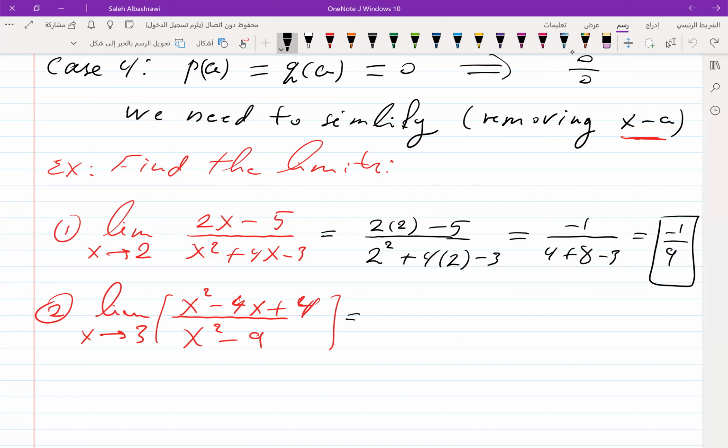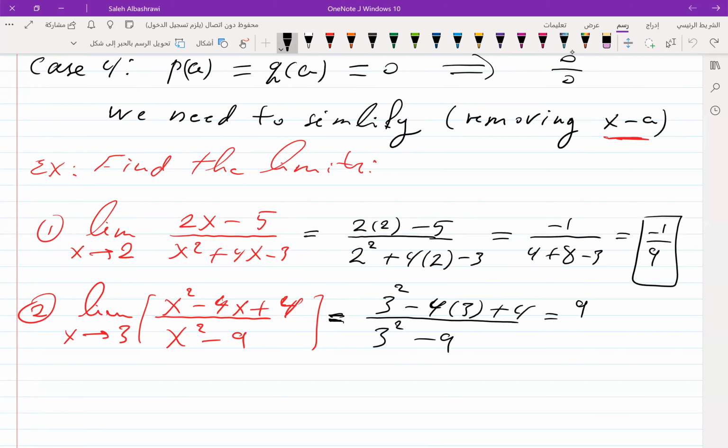So this is equal to 3 to power 2 minus 4 multiplied by 3 plus 4 divided by 3 to power 2 minus 9, which is equal to 9 minus 12 plus 4 divided by 9 minus 9.